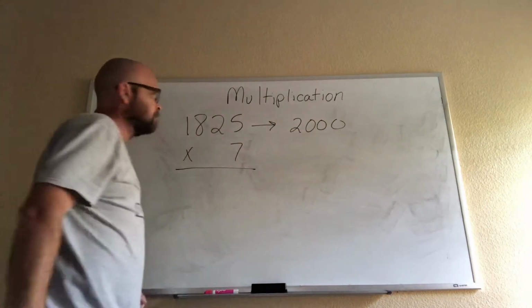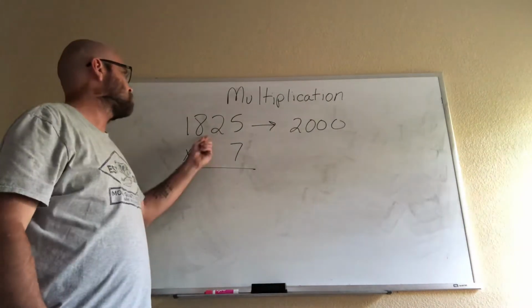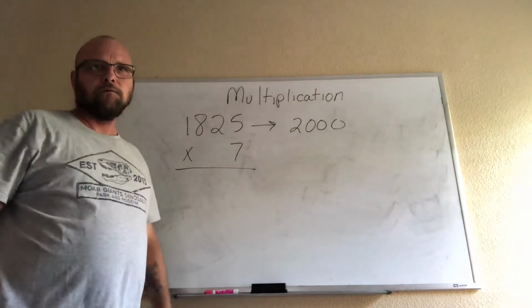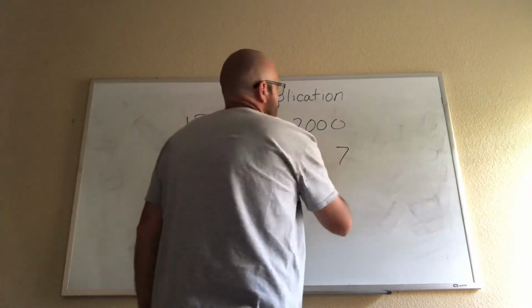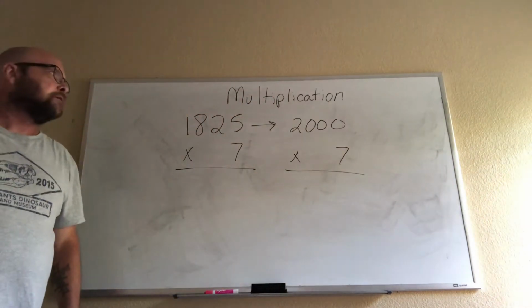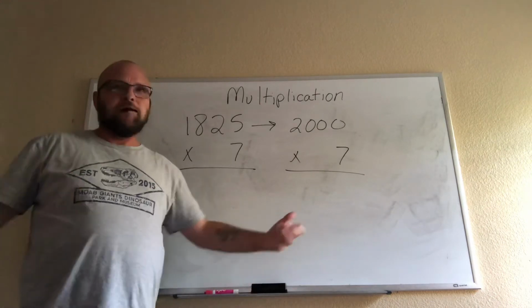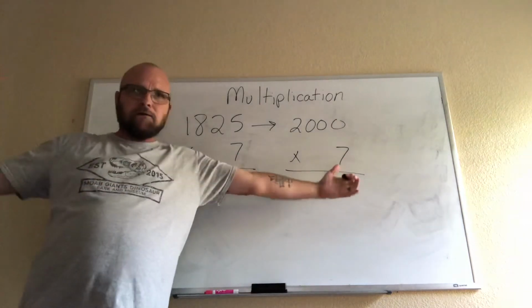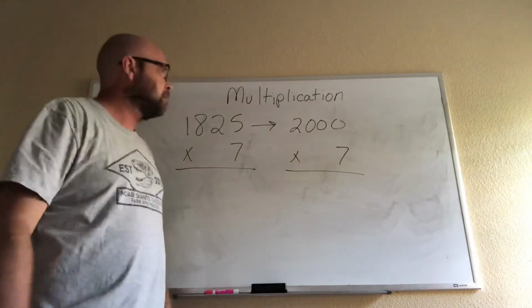So my answer is going to be a lot more off than if I changed it to 1,800. But I just kind of want to get an idea of what it's near. Because a lot of times if it was a multiple choice question, some of your answers would be ridiculously too big, some would be ridiculously too small, so you could eliminate some.